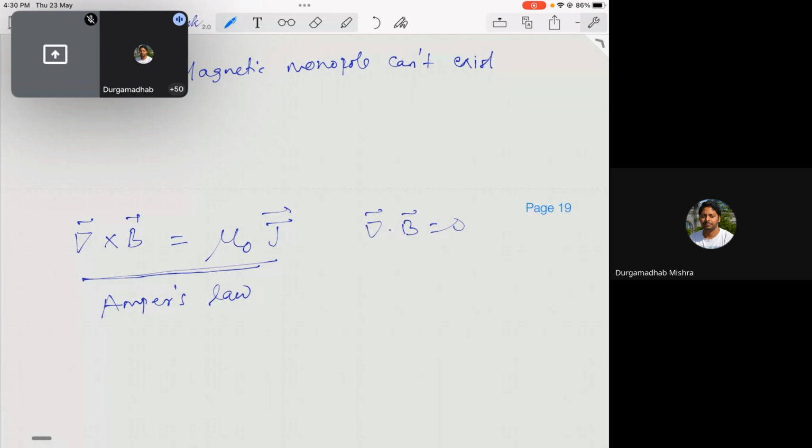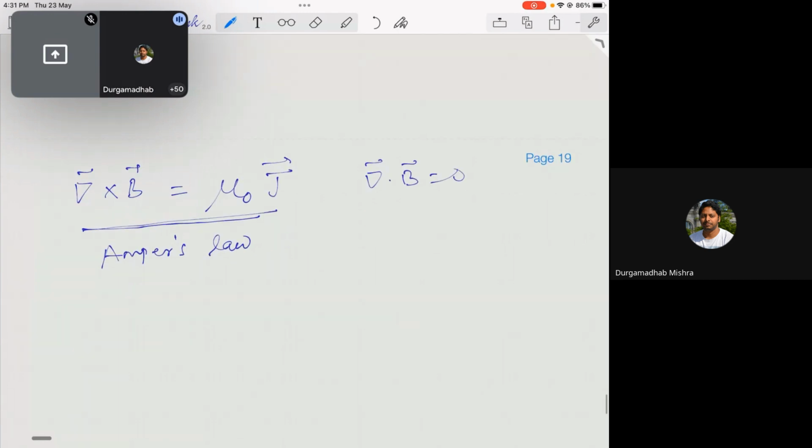Here, like what we did for the electrostatic case, we will take a surface integral of both sides. So I will take the curl of B dot ds.